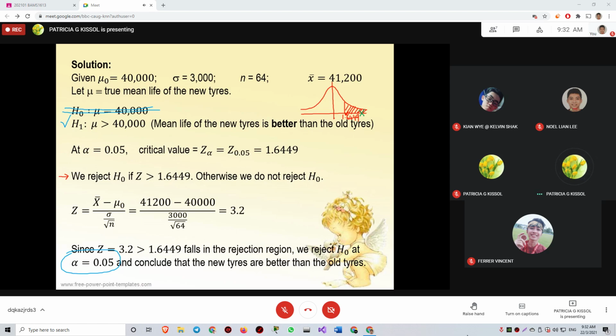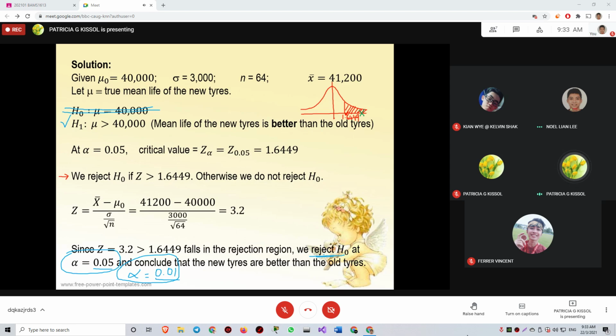Sometimes, class, even when alpha has only a small difference, like alpha is 0.01, with the same calculation, you'll find that just a small difference between 0.05 and 0.01 may mean that instead of rejecting, we accept. So it depends on the alpha. That's why in your conclusion, it is important to write what your alpha is. So I hope that clears it up.